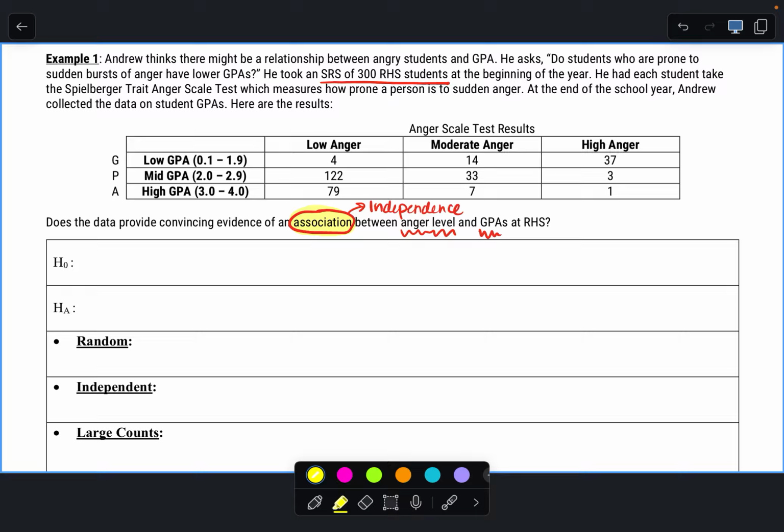If it was a homogeneity test, they would say, we sampled 100 low GPAs, 100 middle GPAs, 100 high GPAs to see if they are the same for anger level, or to see if there's a difference in anger level for each of these groups. So if you see same or different, that is homogeneity. If you see association or independence, that is a test of independence.